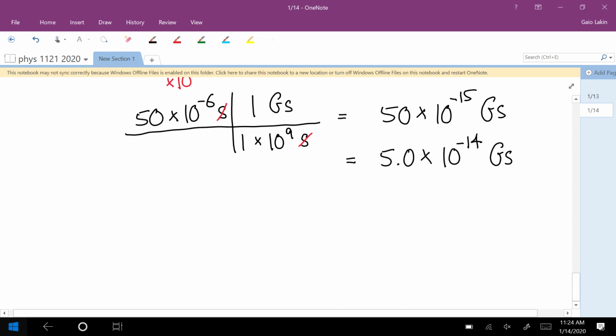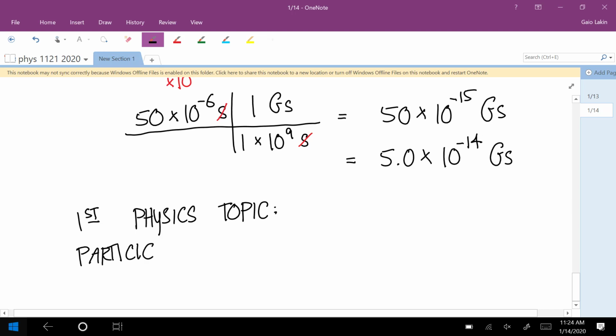So now we can get into the first sort of physics topic. And that is particle kinematics along a line.